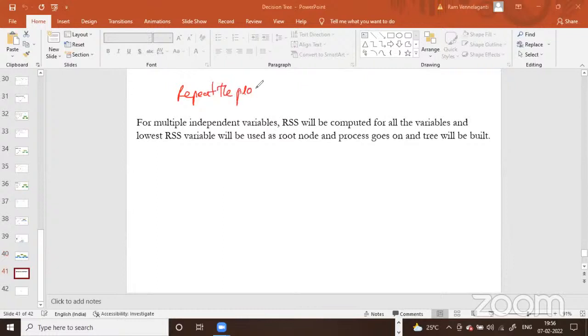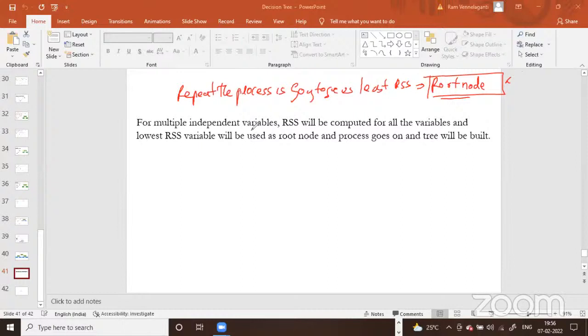And whichever variable is going to give us the least residual sum of squares, that feature is going to be considered as our root node. That feature is going to be considered as our most important attribute in our data set, and using which you can construct your decision tree.